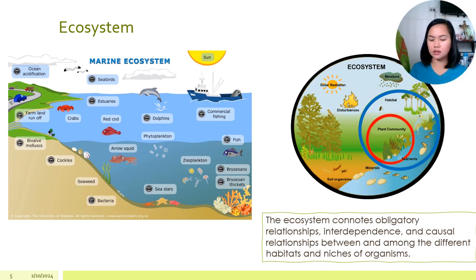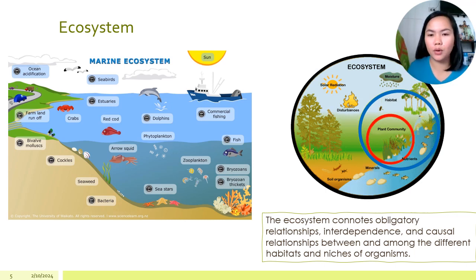So that's like we are saying that they are interdependent with each other, they are interconnected. And thus, if something is to be altered in that ecosystem, then it will actually affect all of the other parts. So that's what we mean by it connotes obligatory relationship, interdependence, and causal relationship.